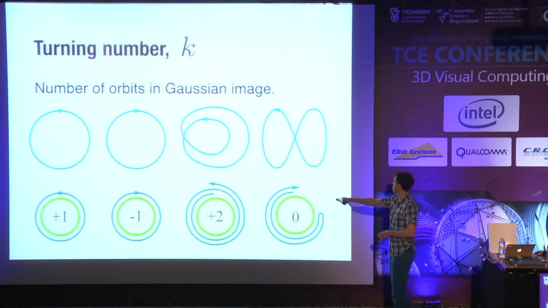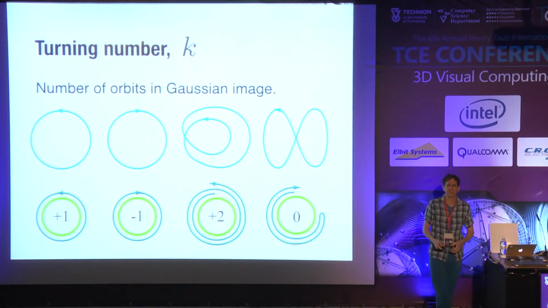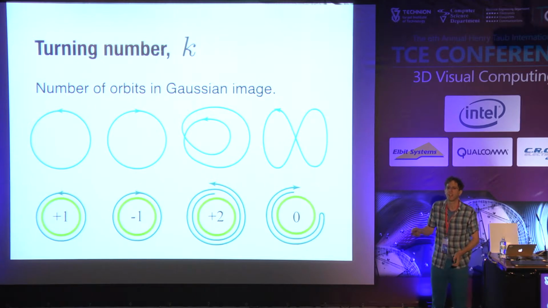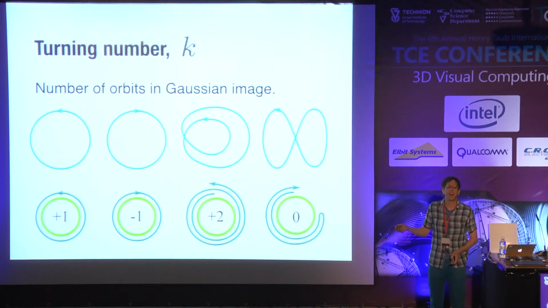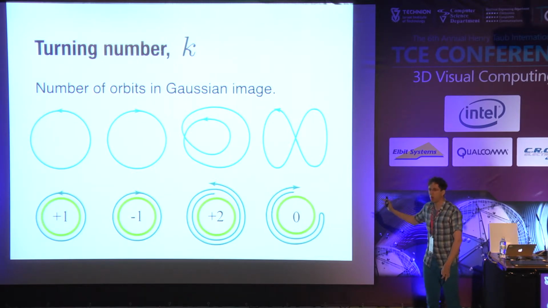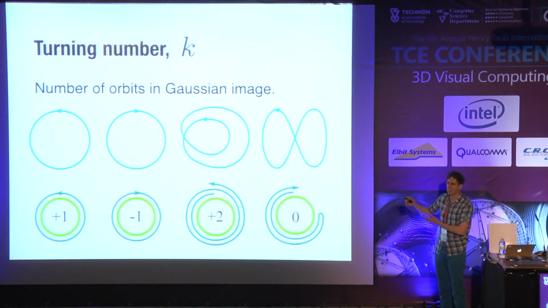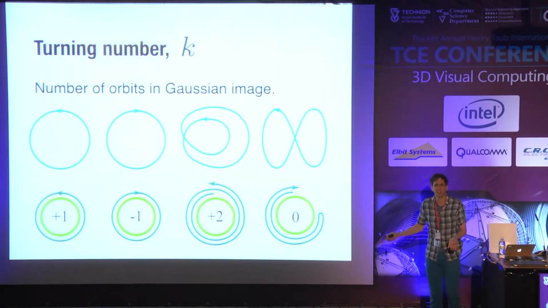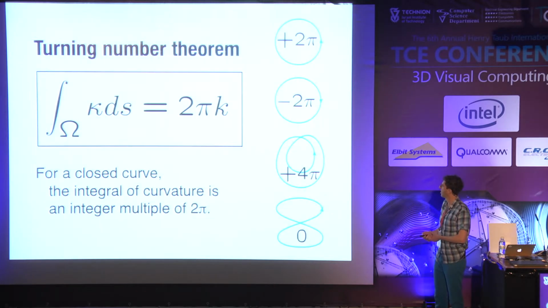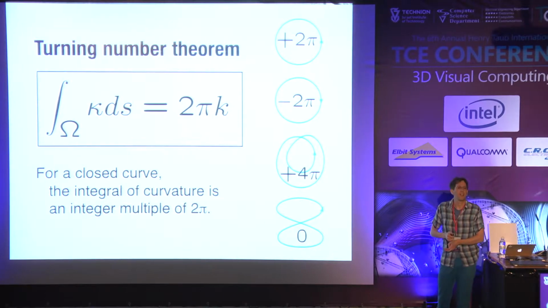And here I've shown you the integer number of complete cycles. So if the curve is closed and the curve is smooth, then the normals are continuous. And then you would expect to always have exactly an integer number of complete cycles. So you can relate these local quantities like curvature and these more global topological quantities like the integer turning number by theorems. And for surfaces, we have the Gauss-Bonnet theorem.